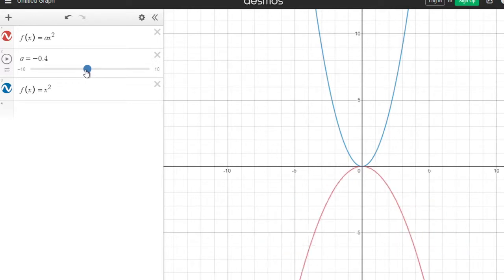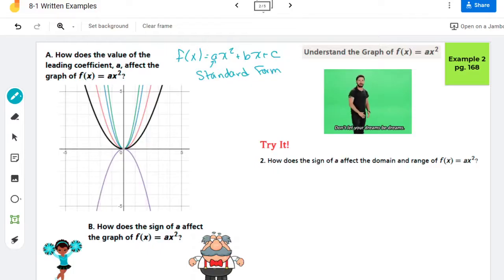So now, between the 0 and the negative 1, it's still a wider parabola. At negative 1, it's the same parabola as the parent function, just upside down. And then more and more left, the thinner it gets. Alright, so hopefully that's kind of an observation that will help you there.